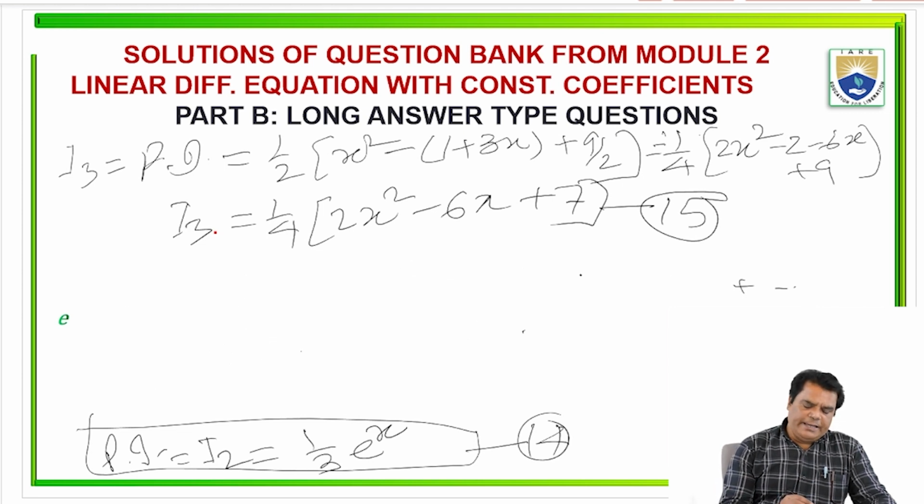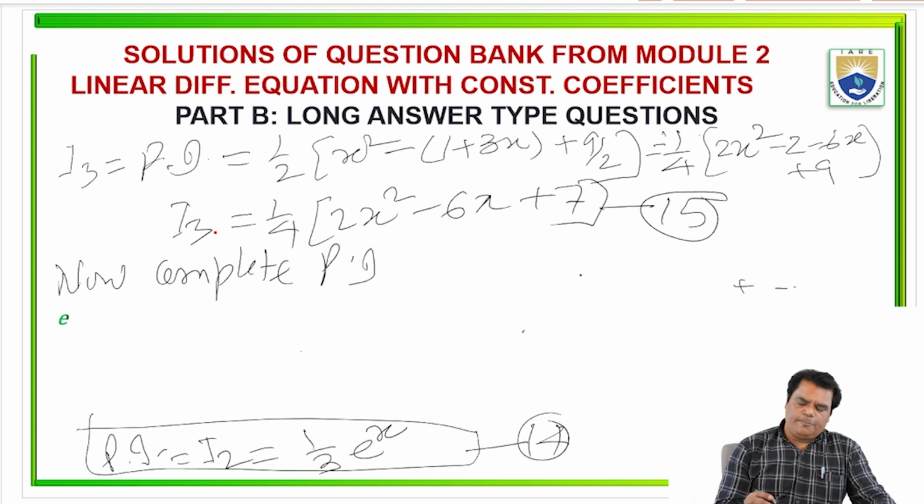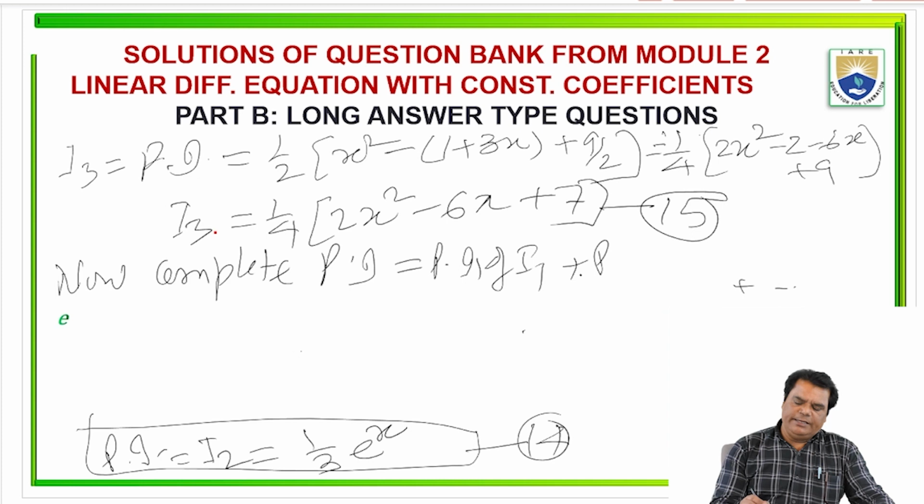Now complete PI is equal to PI of I1 plus PI of I2 plus PI of I3.